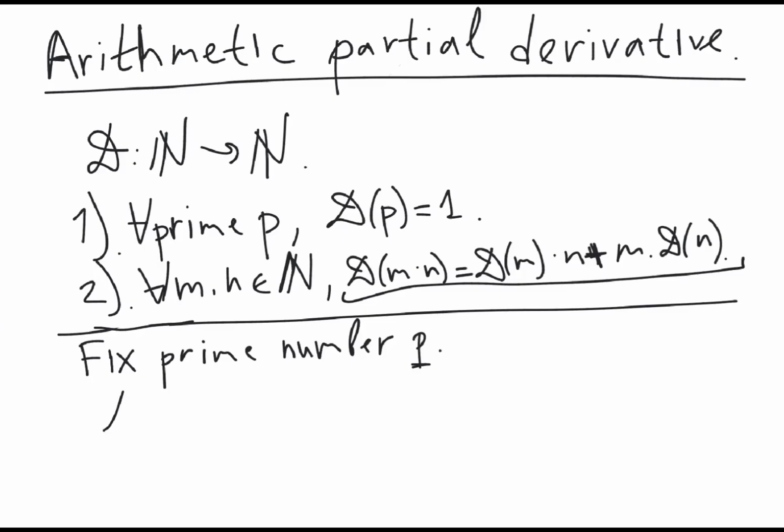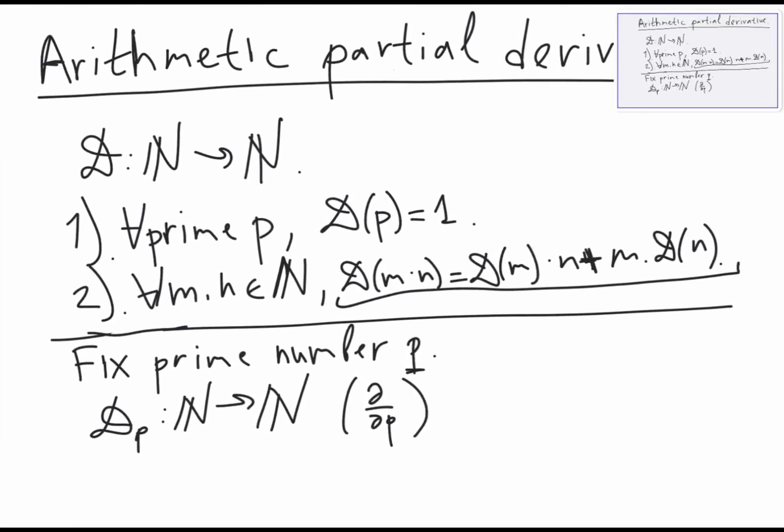So now we define a function d with index p from natural numbers to natural numbers, and another notation would be like a regular partial derivative, like in mathematical analysis.